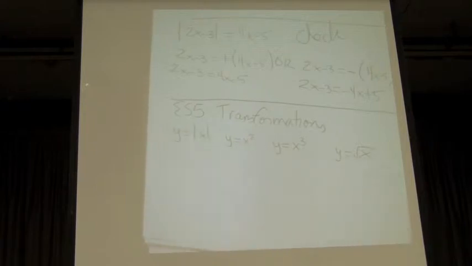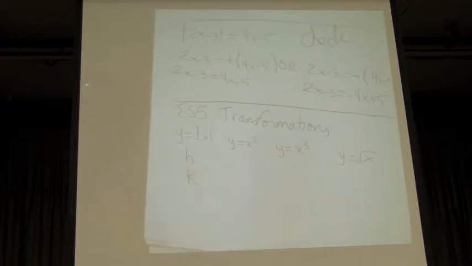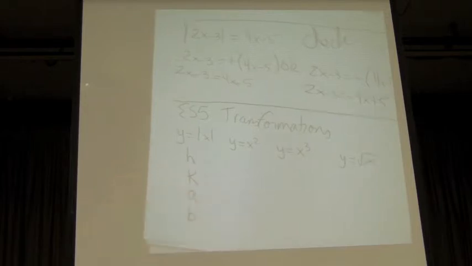The most important thing to understand here is, once you understand what h is, and what k is, and what a and b are, they are the same thing no matter which type of function it is.